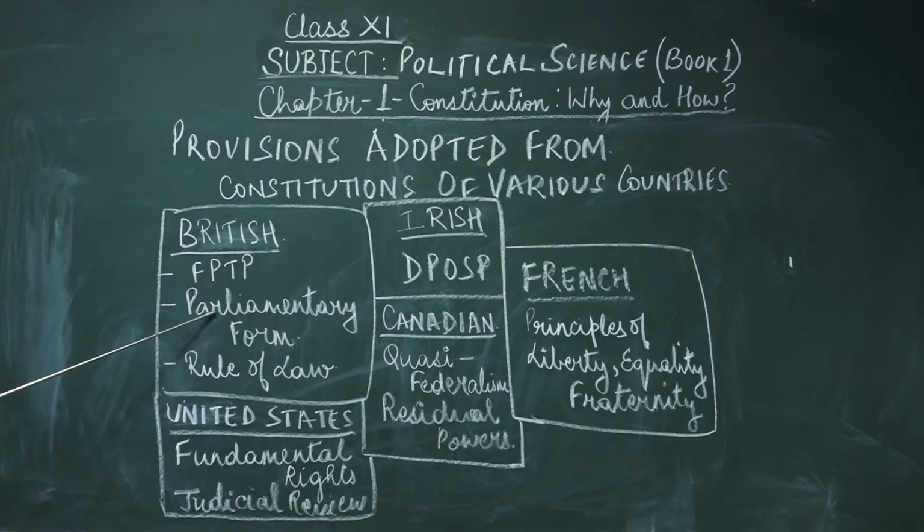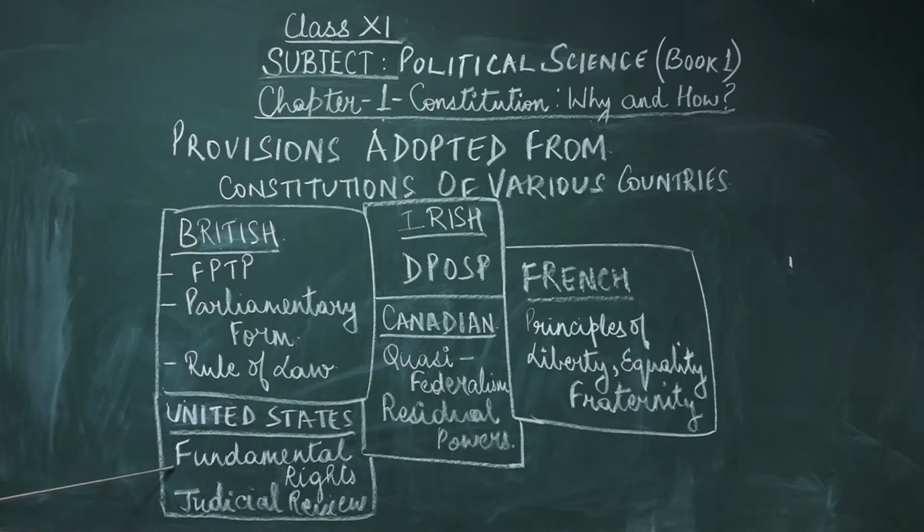Second, they picked up a parliamentary form of government where the parliament would rule. Third, they picked up rule of law, that the judiciary or law would be the highest command of the country. They also picked up the institution of the speaker. They also picked up the lawmaking procedure, all from the British Parliament.